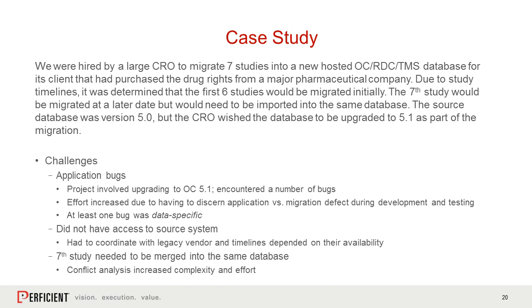And at least one of those bugs was data specific, which is probably a more difficult version. When I say data specific, I mean the bug only arose when you had a certain kind of data, certain values, and in this case it was the record identifier was too large for the application to be able to properly handle.